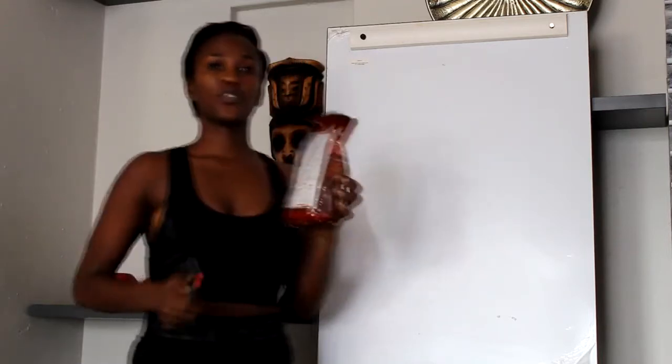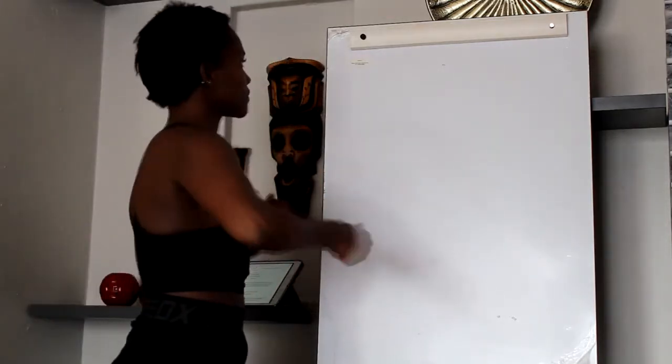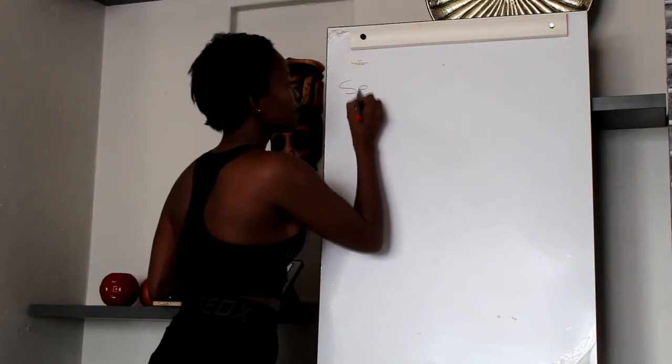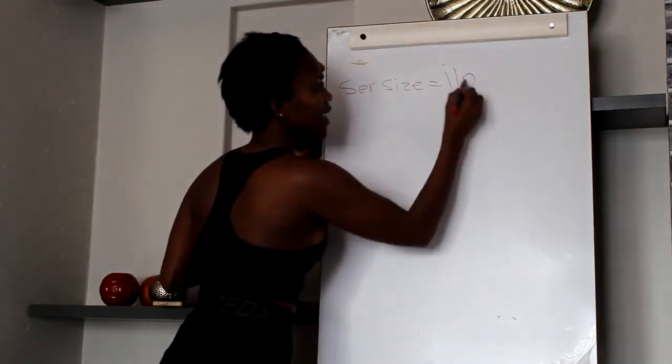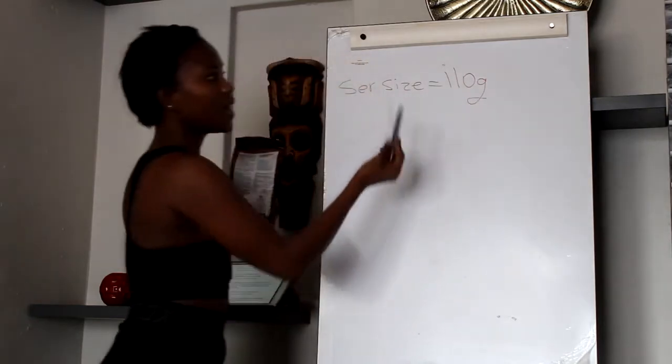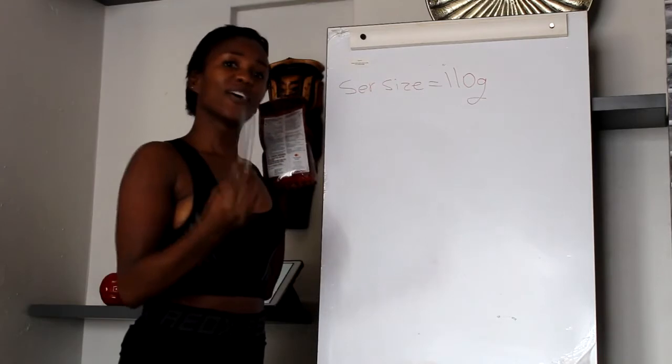When you go to the back to the nutritional info, it will tell you the serving size. So here it says serving size is 110 grams. I'm going to write that down. So serving size is 110 grams.